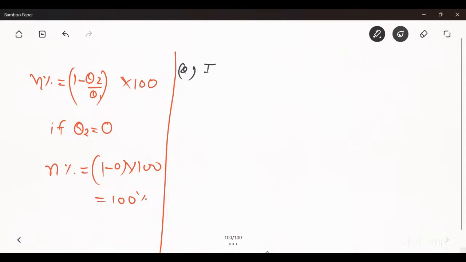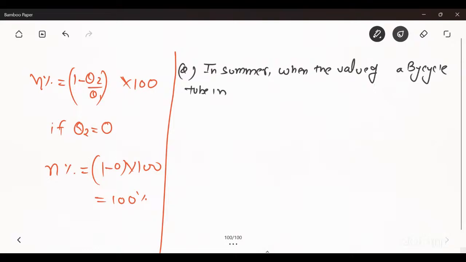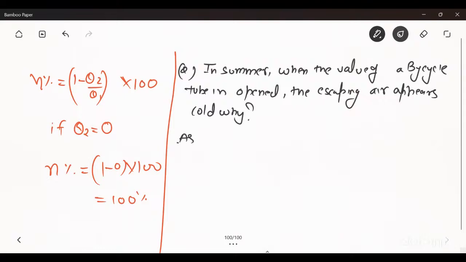In summer, when the valve of a bicycle tube is opened, the escaping air appears cold. Why? Okay, this is a cycle valve.